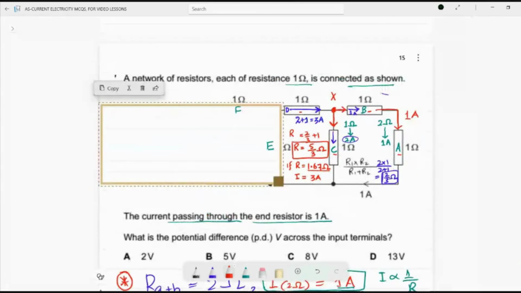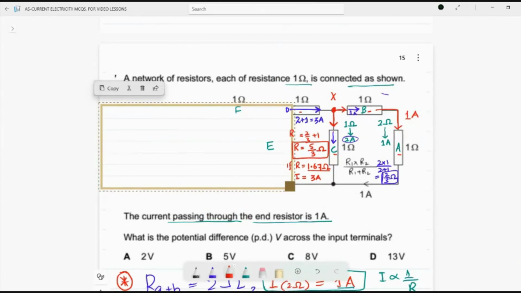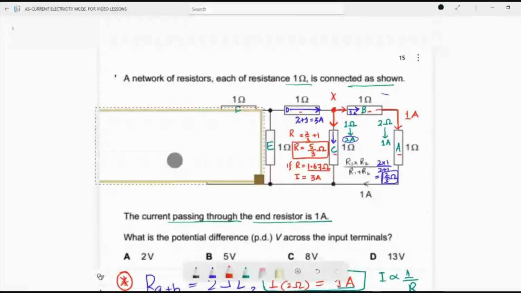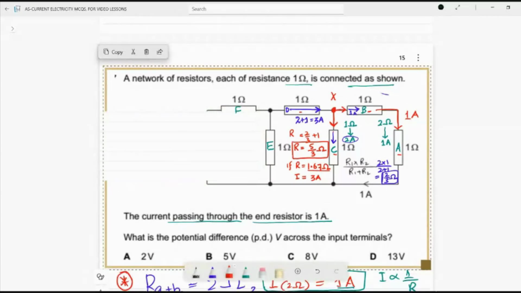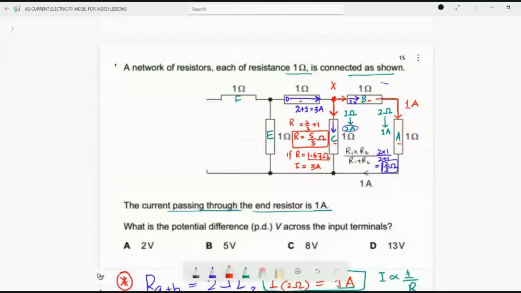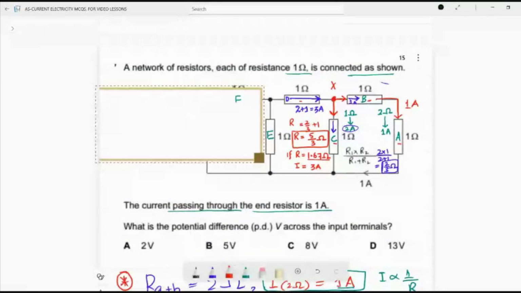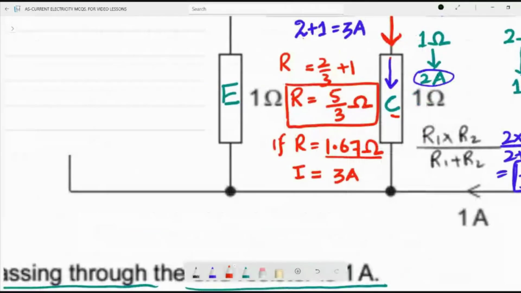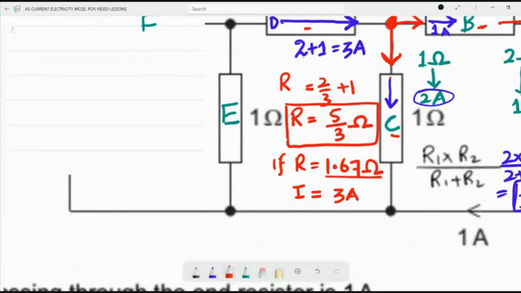Now I'm going back in this way, and while moving back, this resistor is in the path. This is resistor E. So when I consider resistor E as well, resistor E is in parallel with this 1.67 ohm.